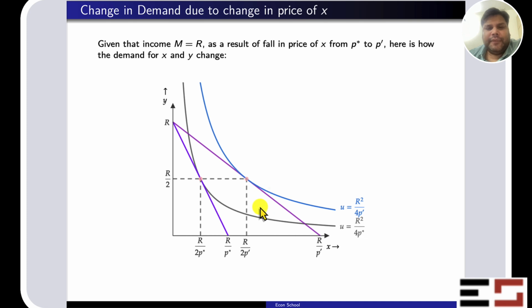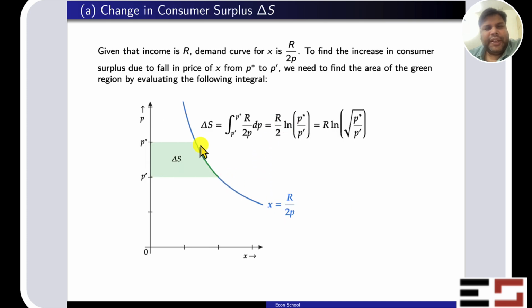Now, if you want to figure out the change in consumer surplus, then we need to plot the demand curve for x. Notice that the demand curve for x is R by 2p given R. If we plot it in the quantity-price space, this is how the curve is going to look. It is decreasing in p, as you can see over here.